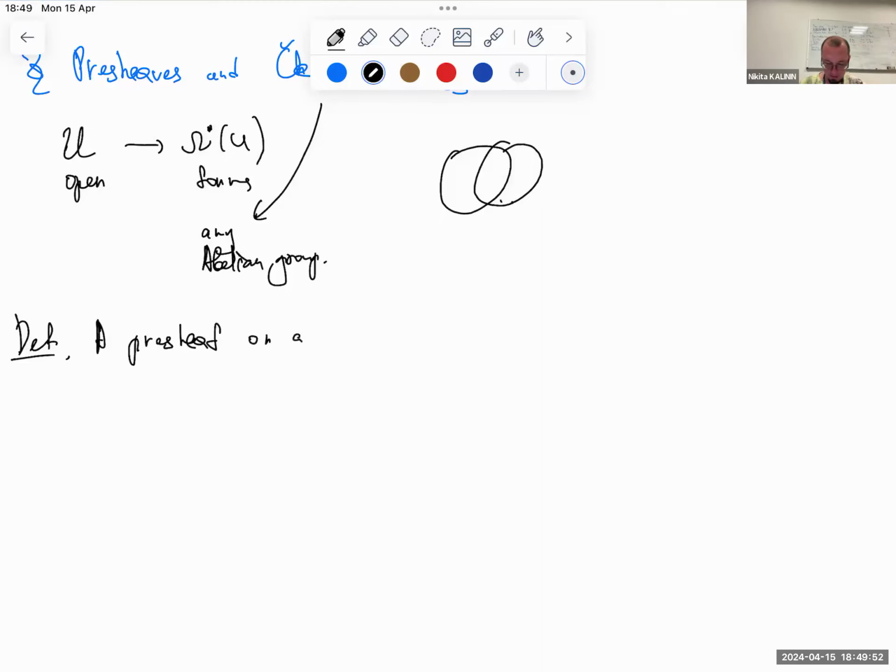So a presheaf on a topological space is just a function that assigns to every open set an abelian group.